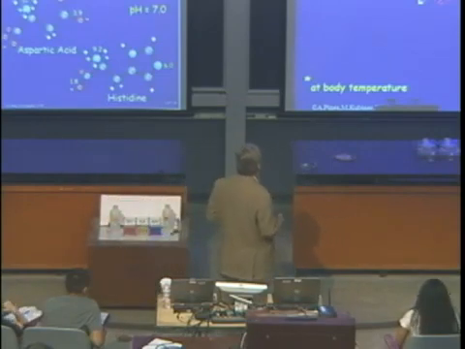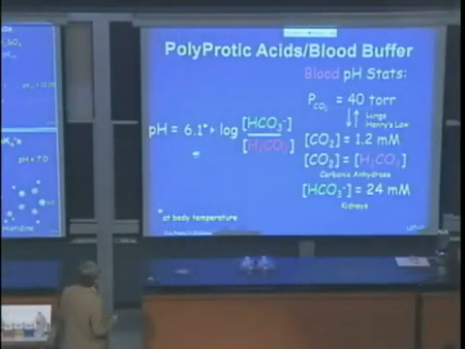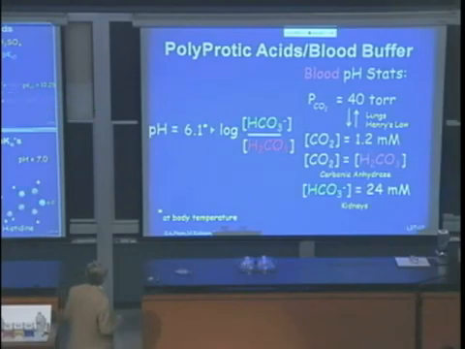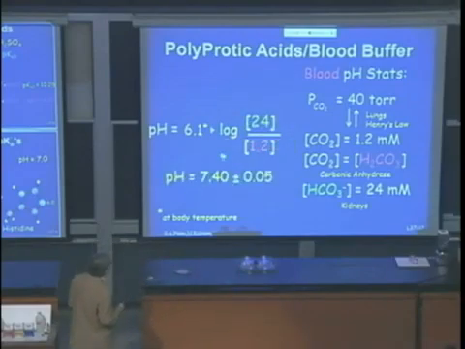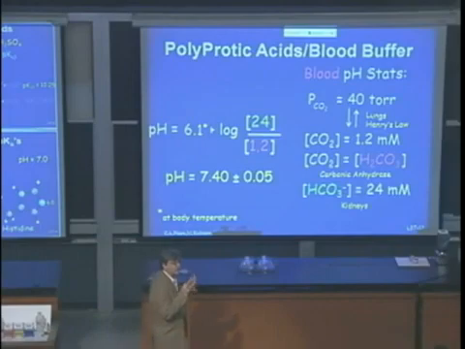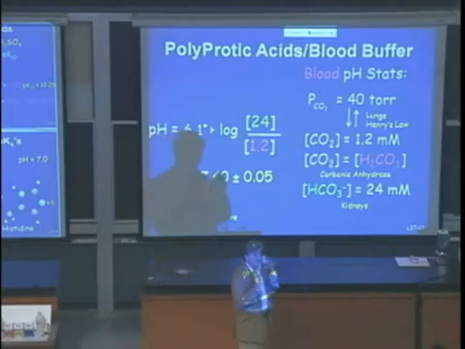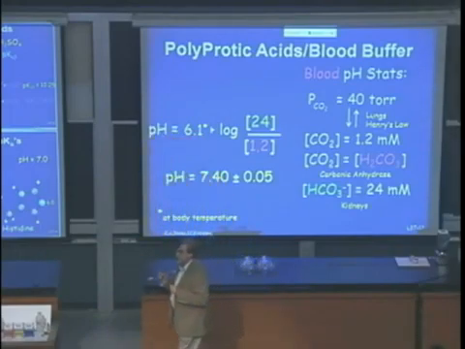At 37 degrees Celsius, the pKa of this equilibrium is 6.1, not 6.37. So we take the logarithm of 24 divided by 1.2, and we get pH 7.4 plus or minus 0.05 of a pH unit. You have to control the pH that well, otherwise you get in trouble.